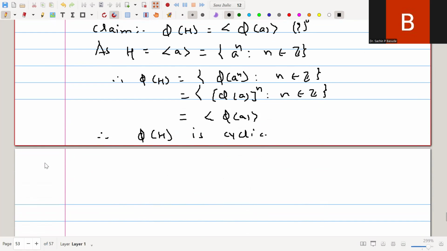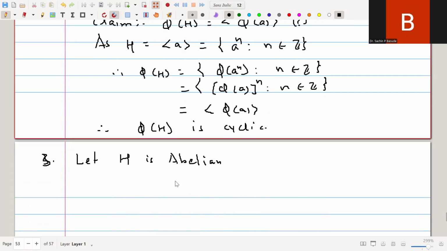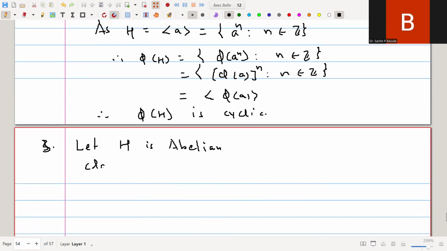Third is, if H is abelian, then phi of H is abelian. H is abelian. What is the claim? Phi of H is abelian.